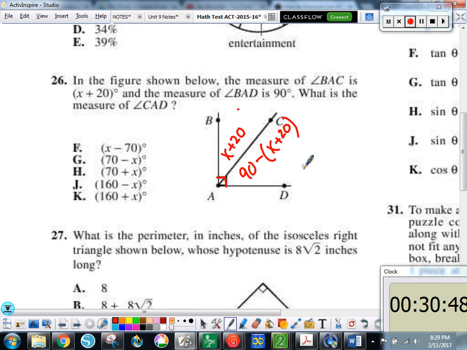So 90 minus x minus 20 would be 70 minus x. G. Okay, try the next one.